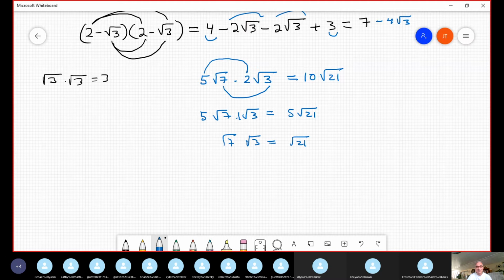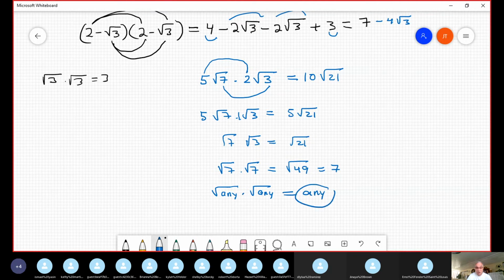But one particular example is when you have the same, radical 7 times radical 7. You know it's radical 49 because you can multiply, but fortunately radical 49 is 7. In general, radical of any number or expression times the same radical is the number without the radical. We take advantage of this idea to rationalize.